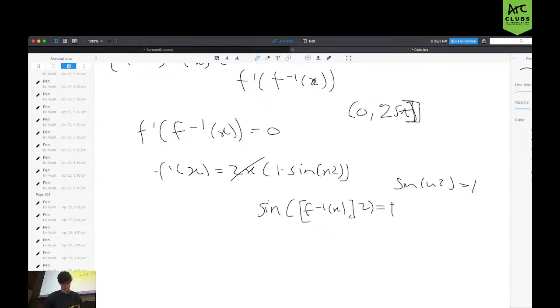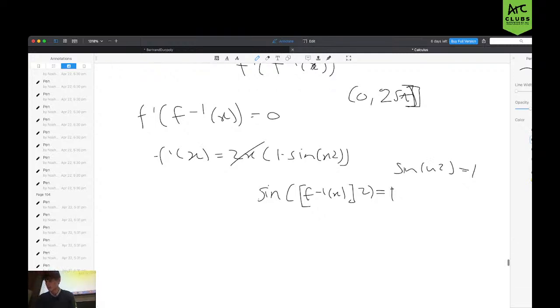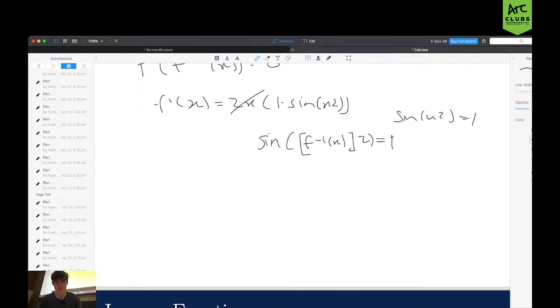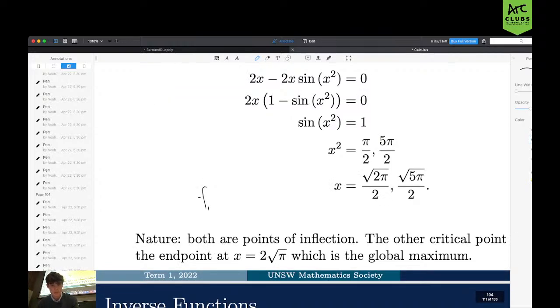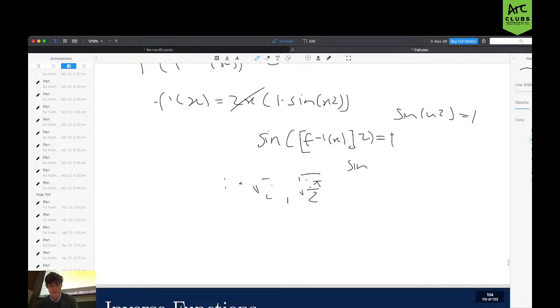Let me just check what I did wrong. Oh, yeah. Sorry. No, this is right. My bad. It should be wherever f inverse of x equals square root pi on 2 or square root 5 pi on 2.